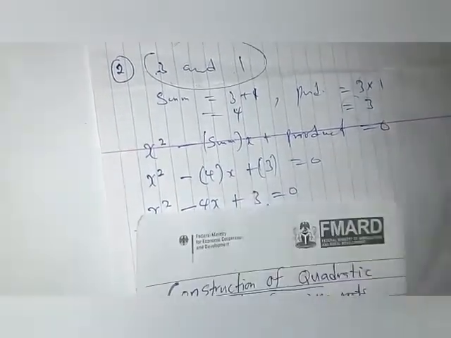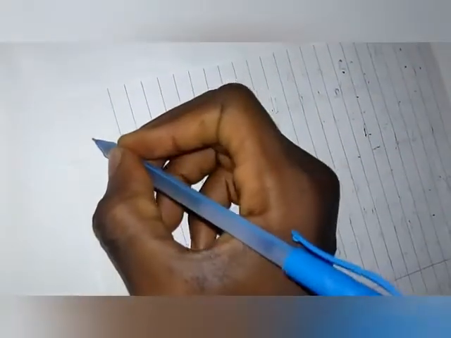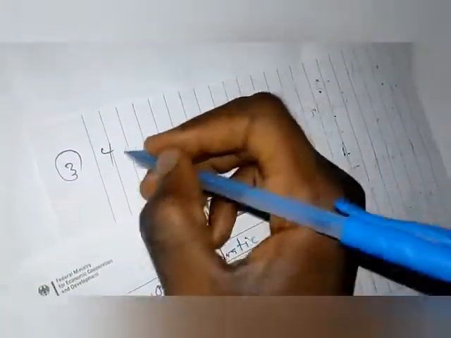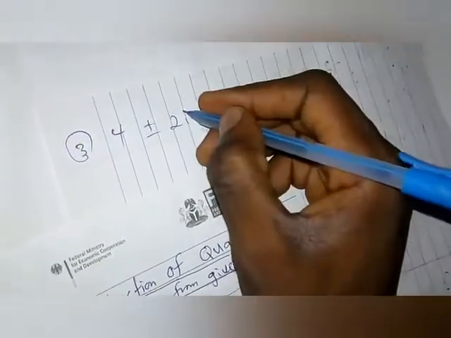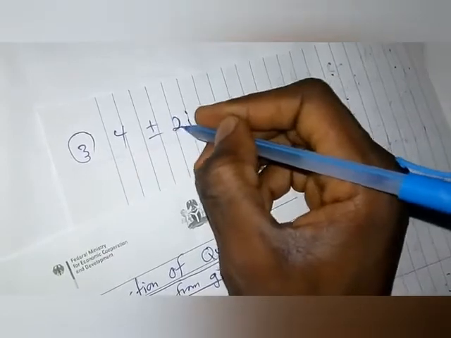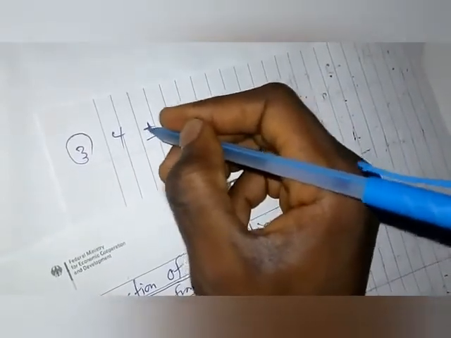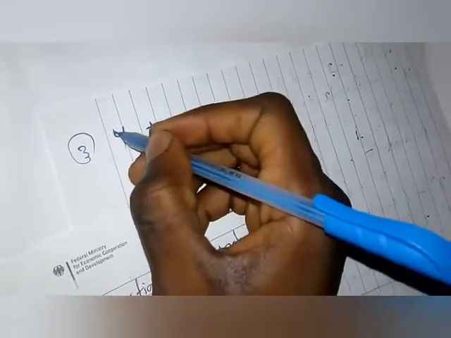The third one is a quadratic with complex roots, 4 plus 2i. Since it is possible in a quadratic equation to have a complex number, it is possible for us to construct such roots back to the equation.